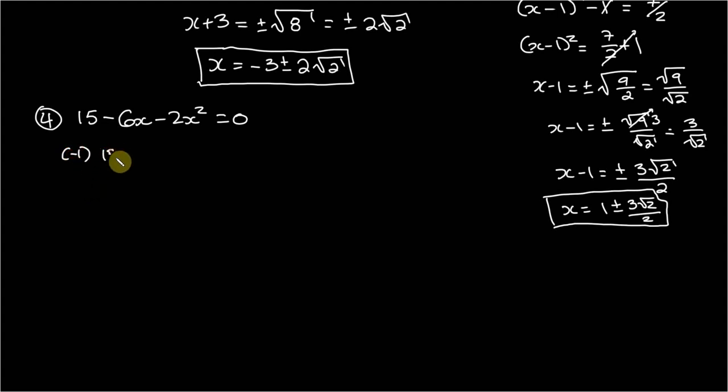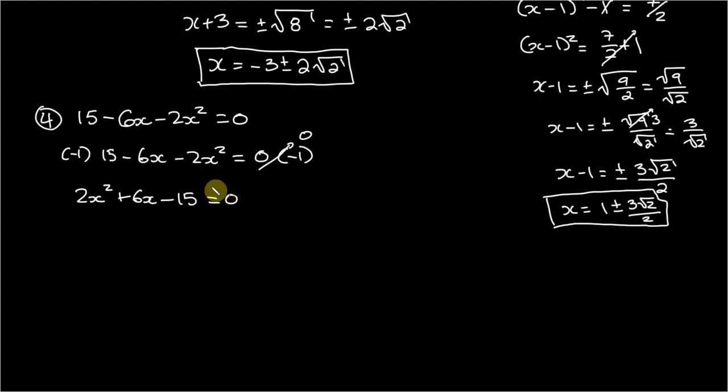So I'll just maintain the tradition of writing everything out for the sake of this video. So 0 times negative 1 is just going to be 0. And then we're just basically distributing a negative sign right across. And so that's going to leave us with 2x squared plus 6x minus 15 equals 0.